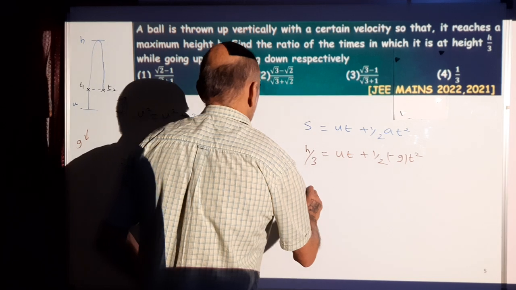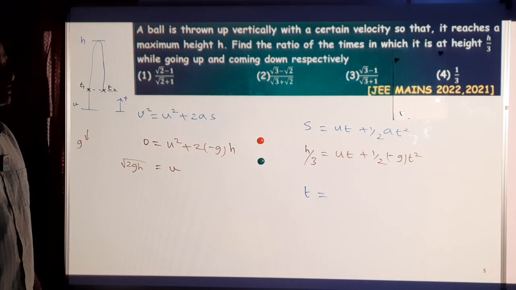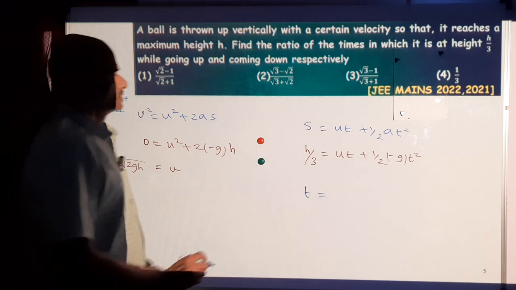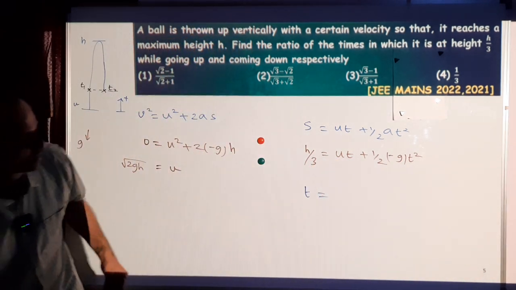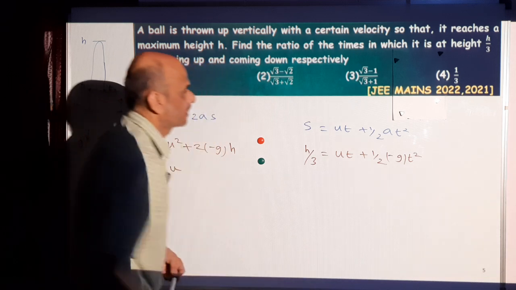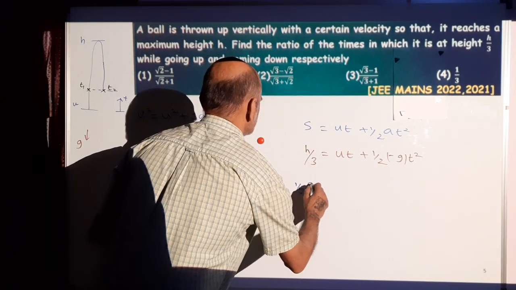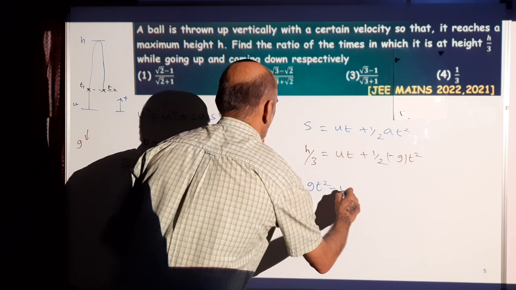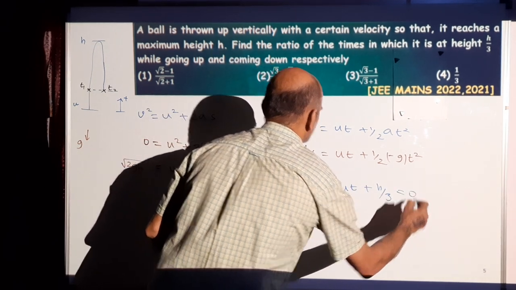So quadratic equation solutions are minus b plus or minus square root of b square minus 4ac by 2a. So before that, let me rewrite this in a convenient form. So half g t square minus ut plus h by 3 equal to 0.